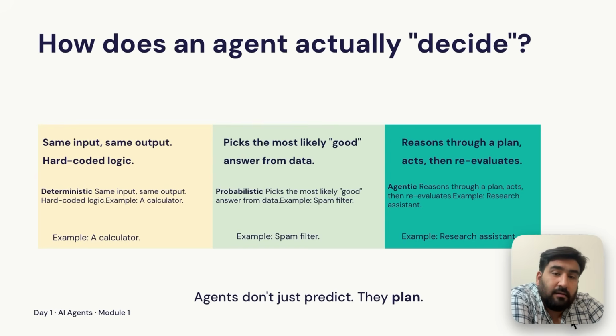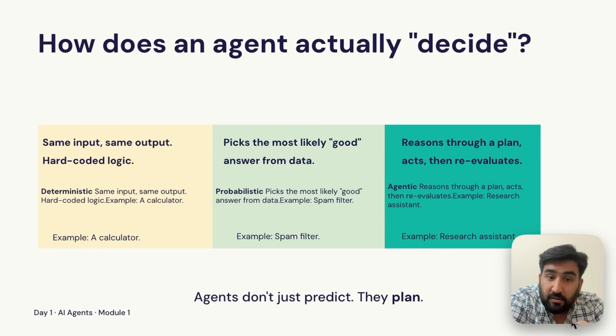The third layer is decision making. Agents reason. They make a plan, they thoroughly examine the plan, and then they take the action. They watch the result, they observe what happened, and then they decide. They redecide through loops what to do next, based on the new information.